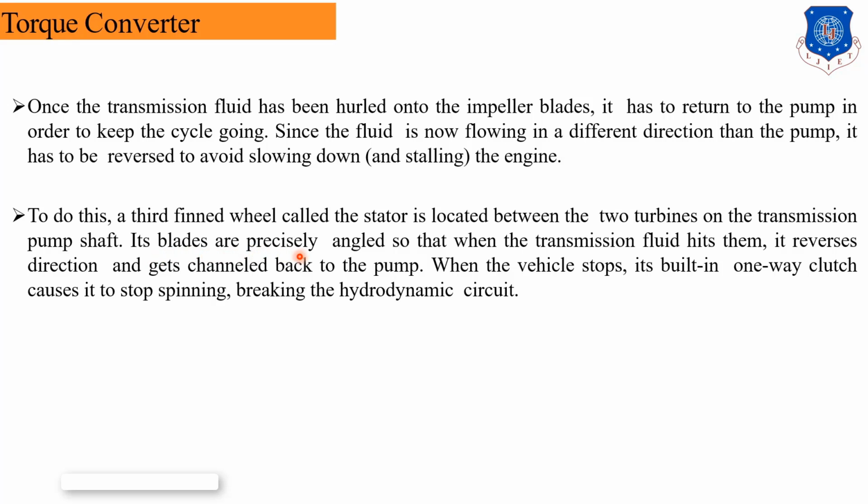Its blades are precisely angled so that when the transmission fluid hits them, it reverses direction and gets channeled back to the pump. When the vehicle stops, it has a built-in one-way clutch like a fluid coupling. This is known as a fluid coupling because it stops spinning in the hydrodynamic circuit.